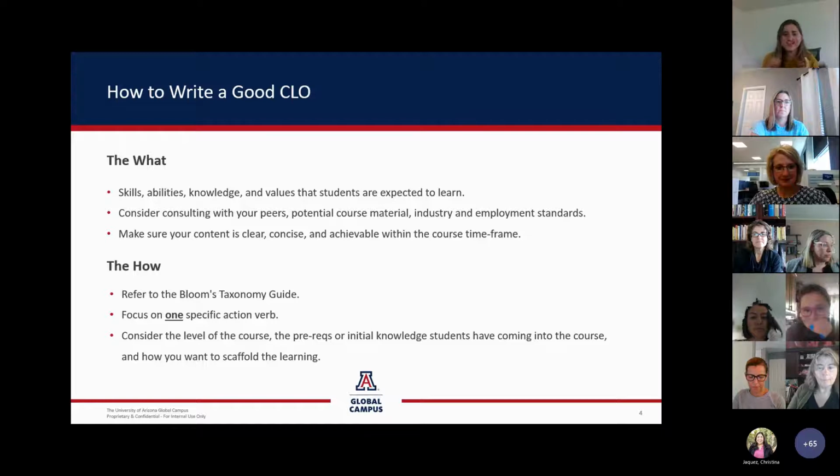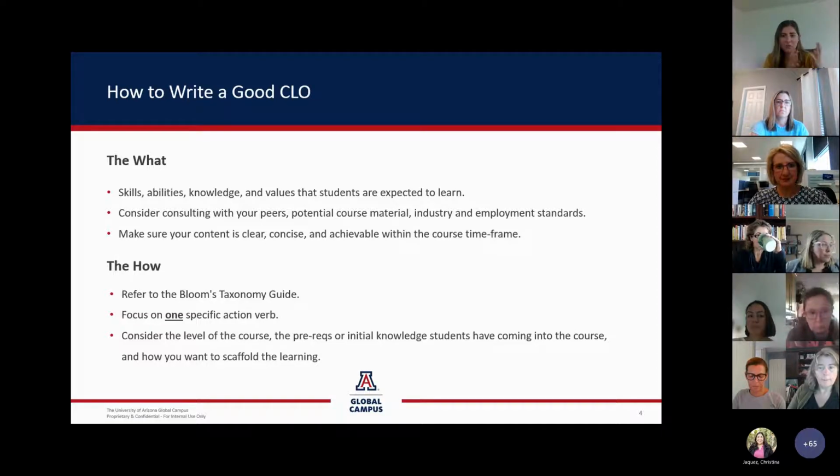So I know we have some business folks and people who teach ASH 101 and Business 105 on this webinar. So I kind of like to think of it as like a SMART goal almost. So you want it to be specific, you want it to be achievable, relevant, and time bound. So that's how you get the content of the CLO.